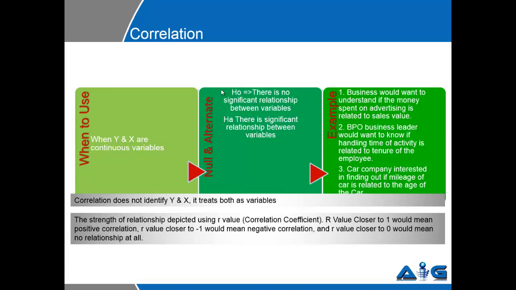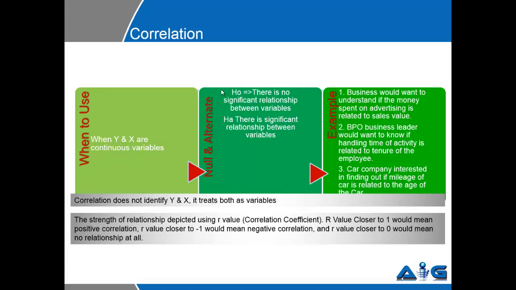When you conduct a correlation test, it essentially checks if there is any significant relationship between the variables. Null, in the case of a correlation test, will say there is no significant relationship between the variables. Alternate hypotheses, on the other hand, will say that there is significant relationship between the variables.